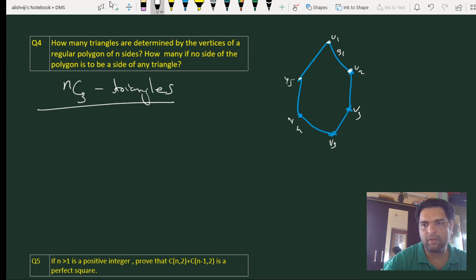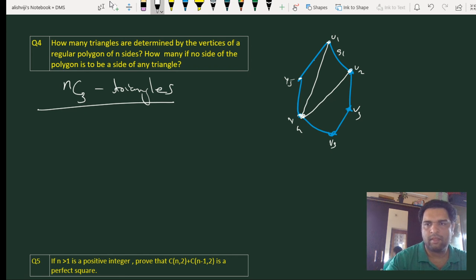In a similar way, we cannot choose V3, because then V1, V2 and V2, V3 are sides of the polygon, and that is not working. One possible selection is V4, and if we choose V4, this triangle contains only one side of the polygon. So how many such triangles are possible?